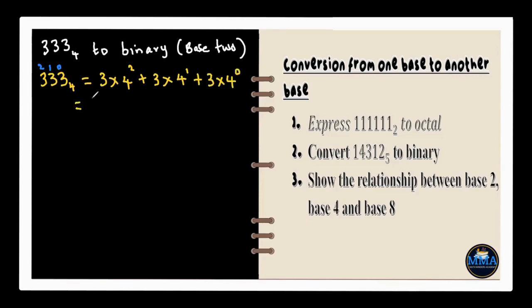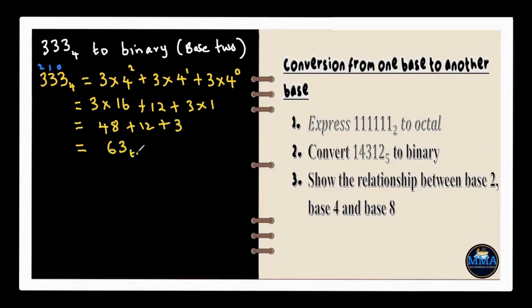This becomes 3 times 16, that's 4 raised to power 2 is 16, plus 3 times 4 is 12, plus 3 times 1, because we know this is 3 times 1. So we have 48 here, this is 12, and this gives us 3. So everything here is 63.